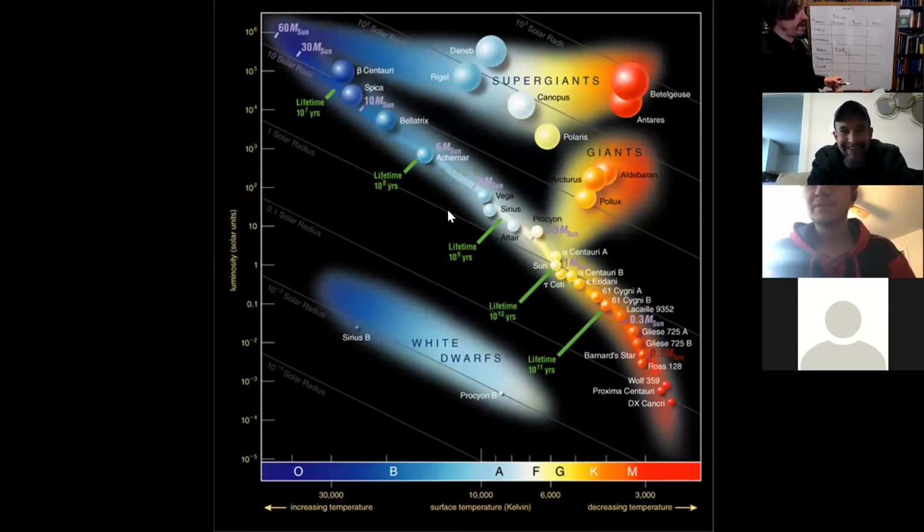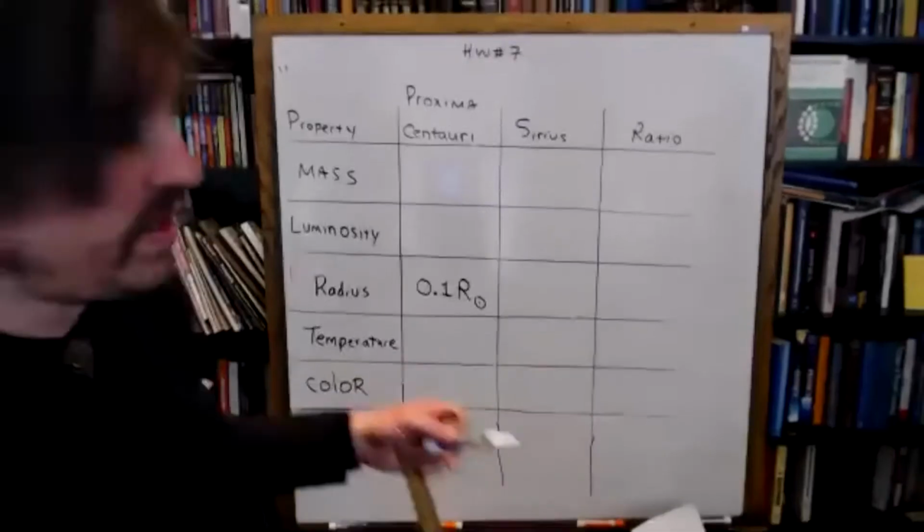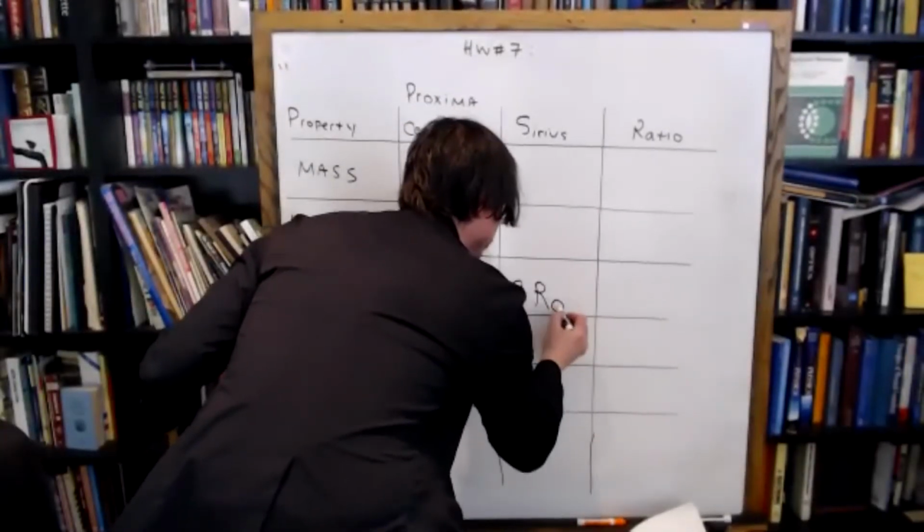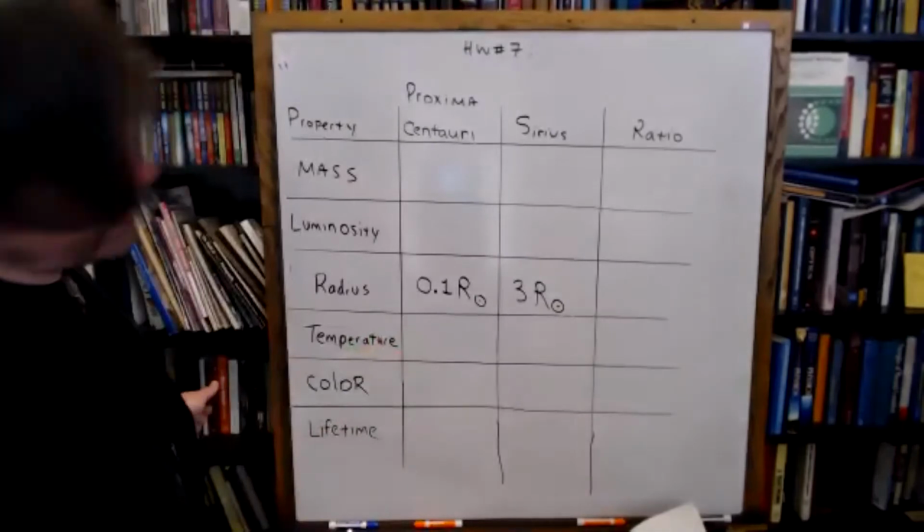Oh, a pen? Match up. 10 to the first power is 10. It is clearly not at 10 solar radii, right? You have to move diagonal. 3. Riker, thank you for being a reasonable person. 3 solar radii. What's the ratio?